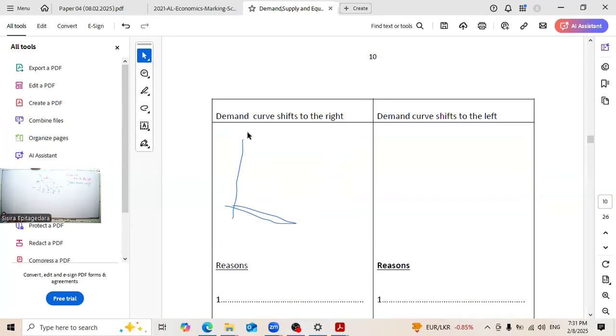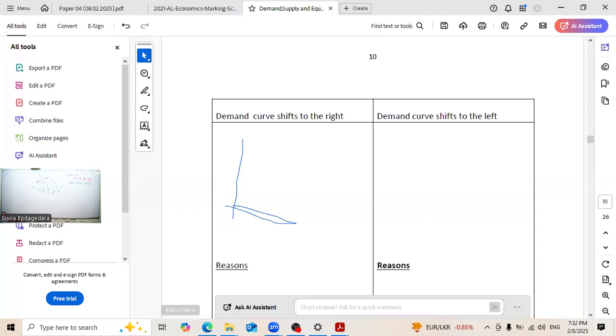Page number 10. There is a table: demand curve shifts to the right and demand curve shifts to the left. Can you see that? Okay.